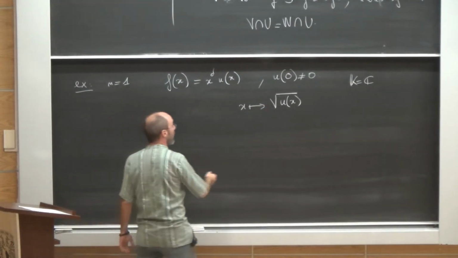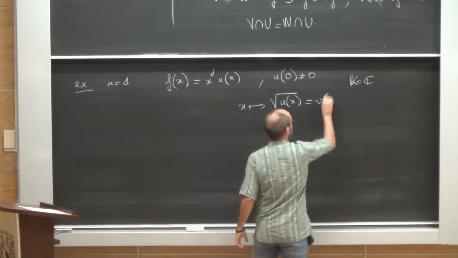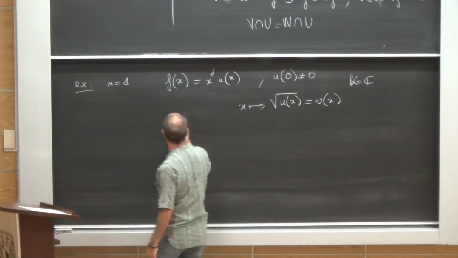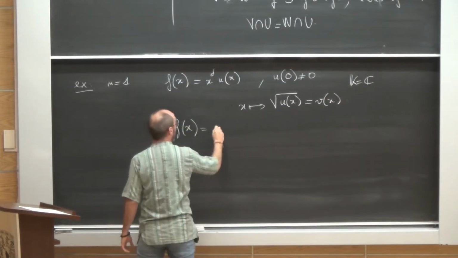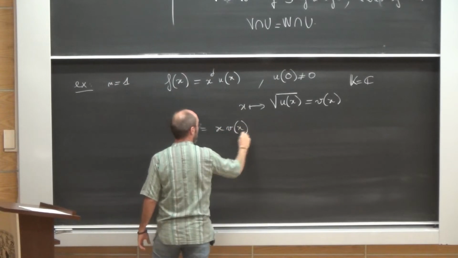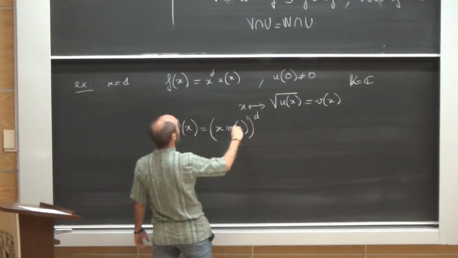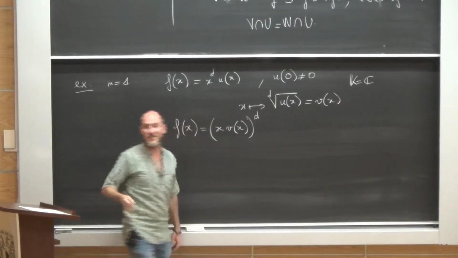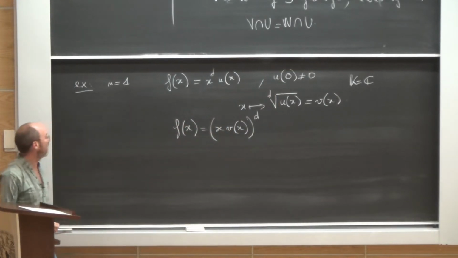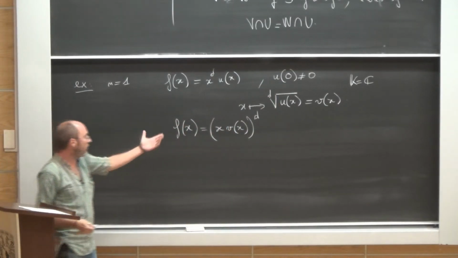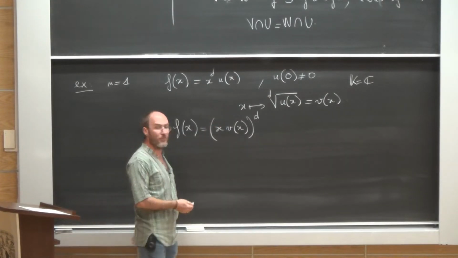So I denote this by v of x. And so f of x is, in fact, x times v of x, to the power d. Sorry, not the square root, the d-th root. And v of 0 is different from 0.